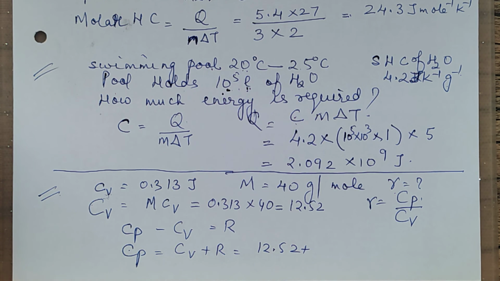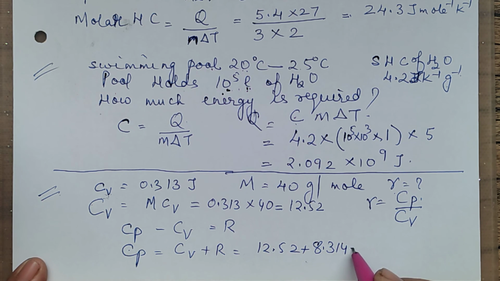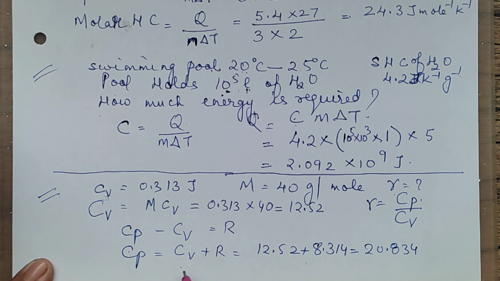Now which R value to use? This is in joule, so we'll have to use the R value also in joule, that is 8.314. So when you add this up, you will get 20.834. Right. So this is Cp now.